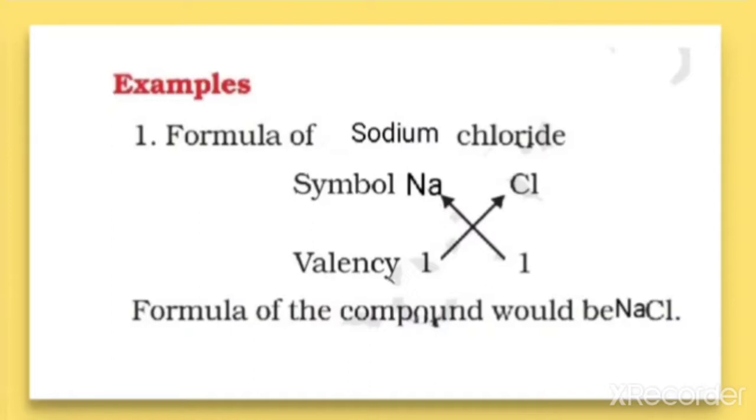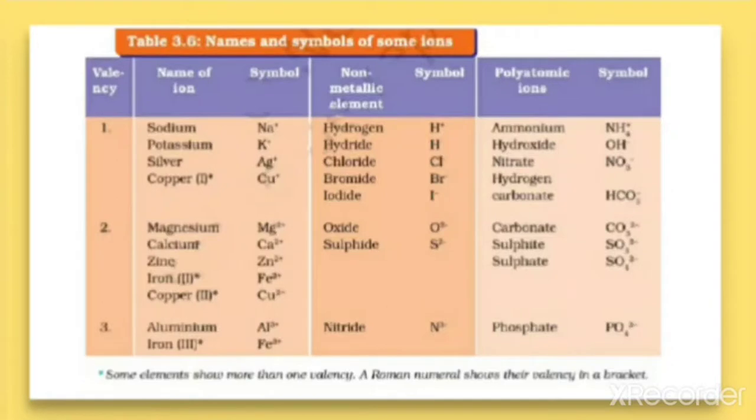Now, what is the combining capacity of sodium and Cl? We need to find that out first, so better you refer to the table. In this you can find that sodium has a single positive charge, and chlorine has a single negative charge. So what is the valency of sodium ion? That is 1.